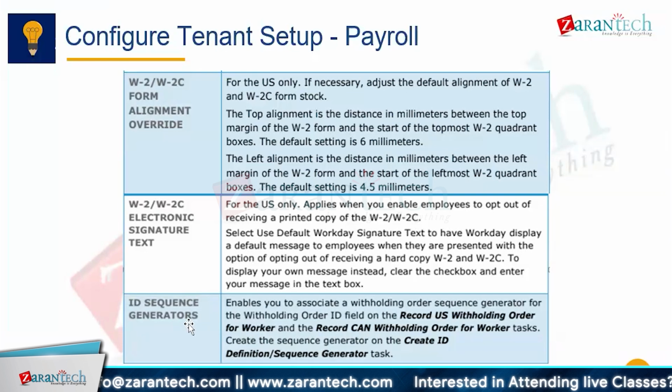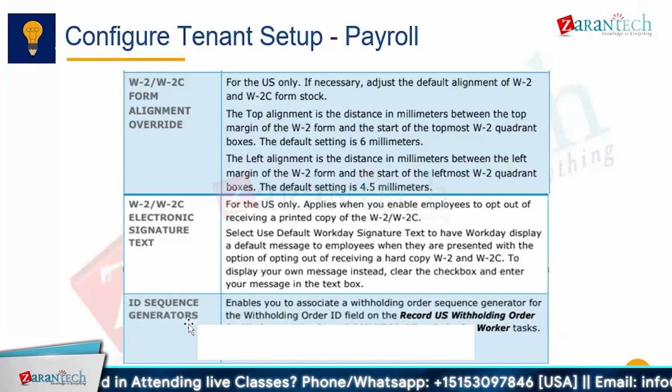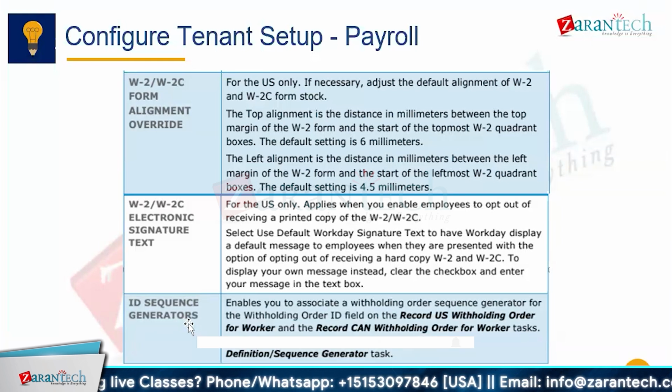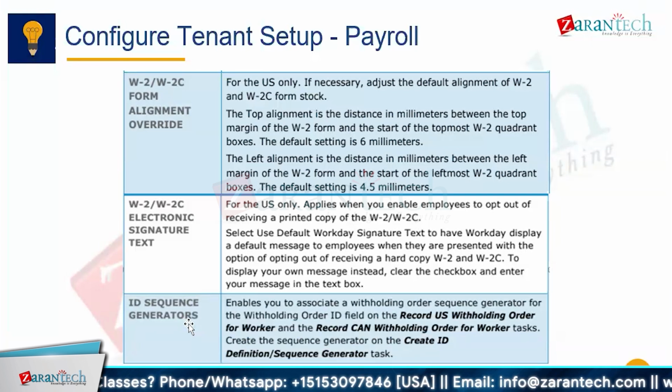Then sequence generators. Especially for withholding orders and settlements, you can create a sequence generator in Workday. So whenever you create new withholding orders or garnishments for your employees, the sequence generator automatically creates new sequence numbers 1, 2, 3, 4.